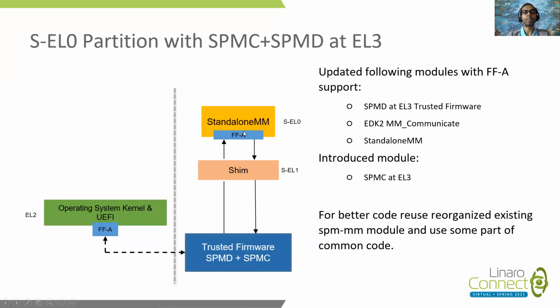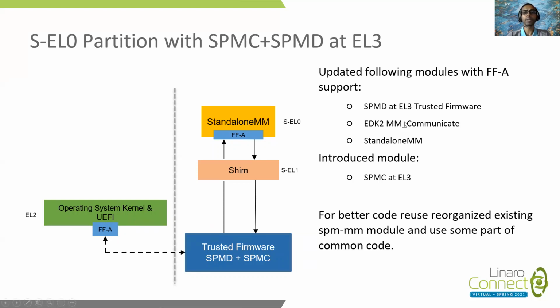StandaloneMM is the secure partition and executes at secure EL0. Shim layer is sandbox between StandaloneMM and trusted firmware, which is a bare minimum code and just helps in changing the exception level. On the normal world side, there is MM Communicate, which is part of EDK II.